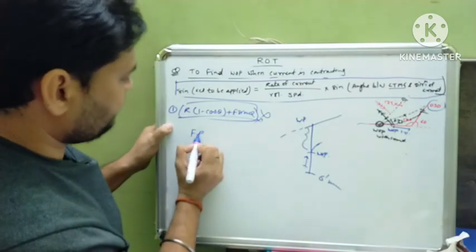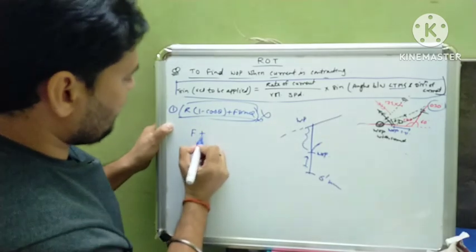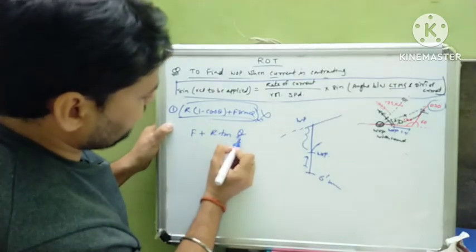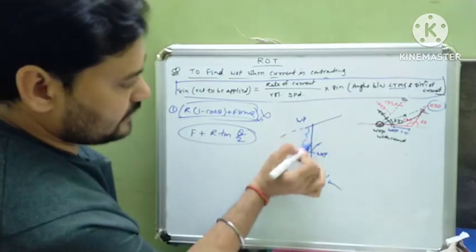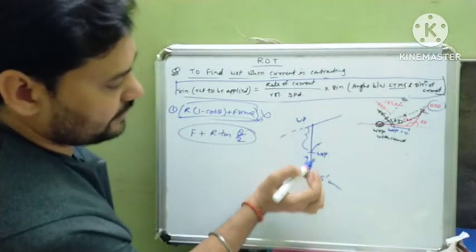Just use f plus r tan theta by 2, which we have already calculated, because that is the distance required here.